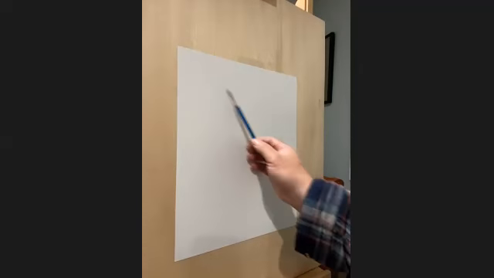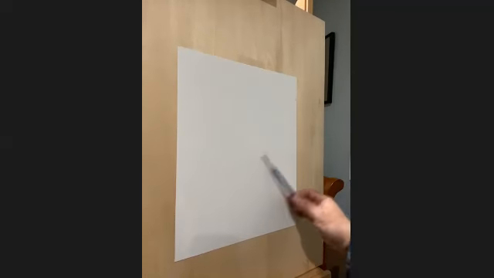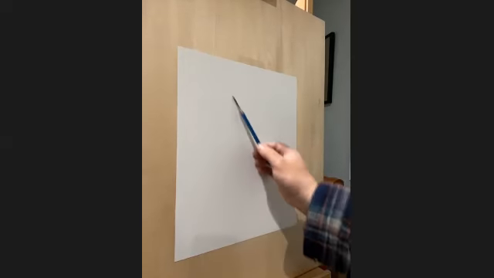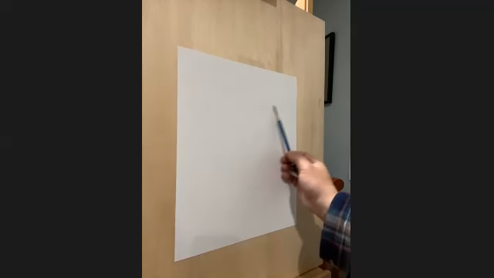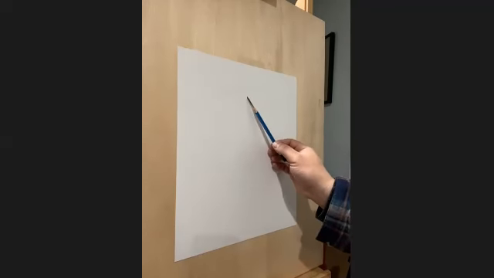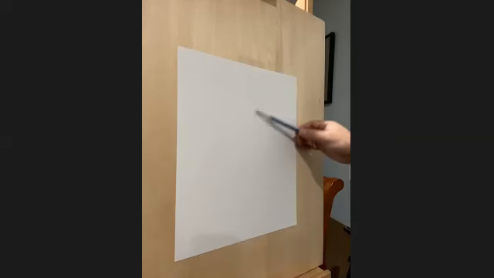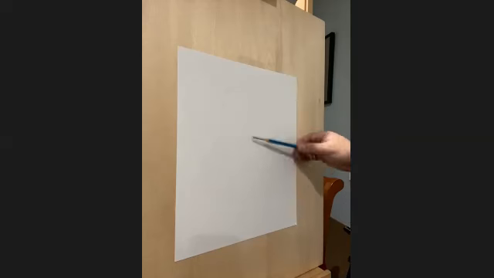Like this one, I would like to understand the model looks like a cup, and you can see the top of the cup, and then you can see this part. So I draw pretty light because I have to save the darkness for the future.